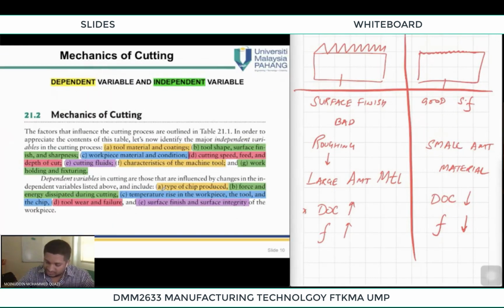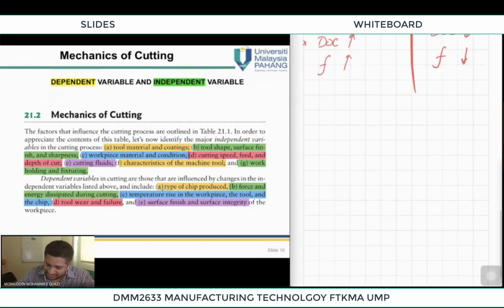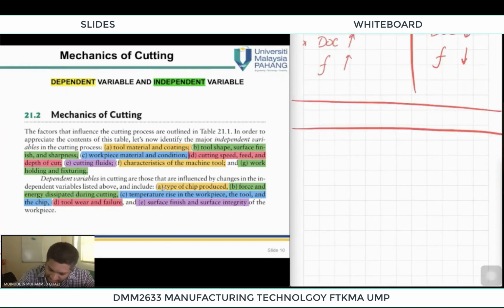Now let's move to the dependent variables in cutting operations. Important variables. Whenever you are performing a cutting operation, the cutting efficiency, the amount of cutting, and the quality of cutting depend on a lot of factors. These factors are described in the book chapter, paragraph number 1.